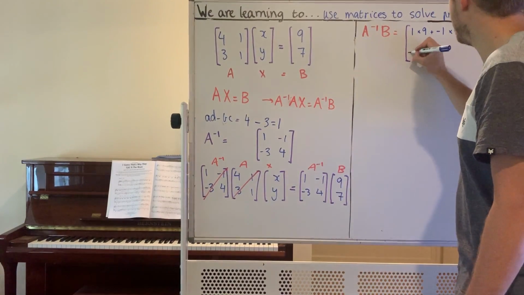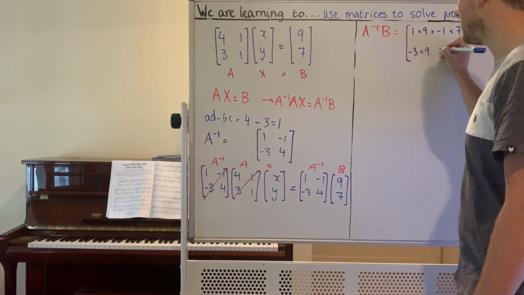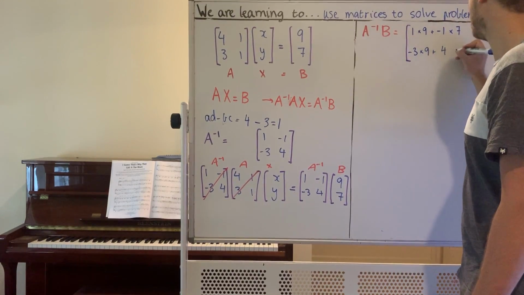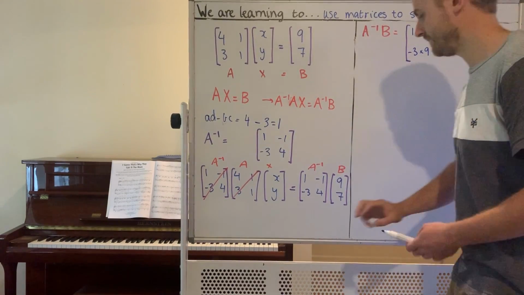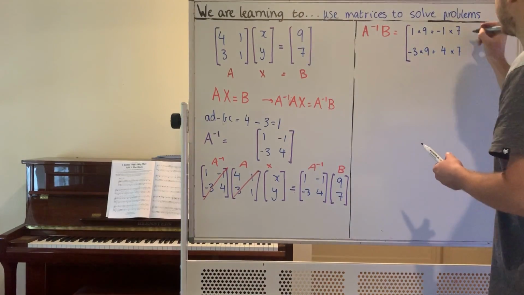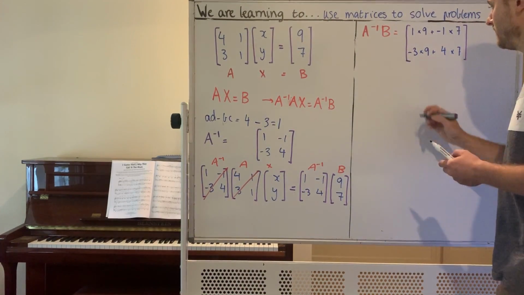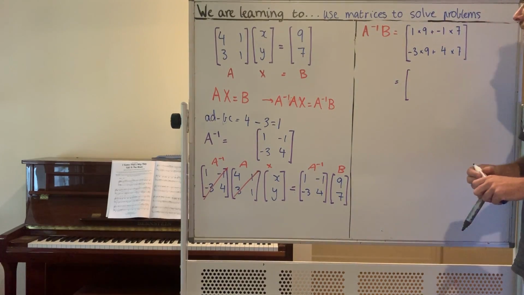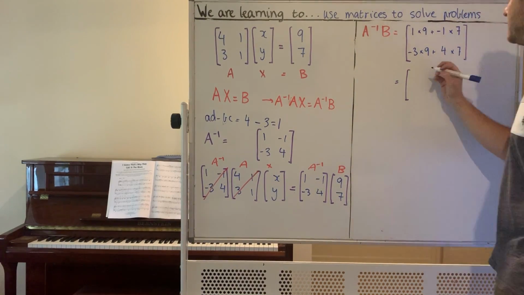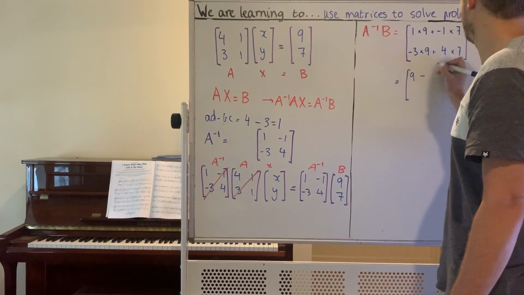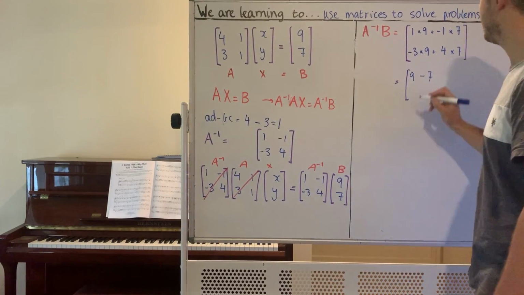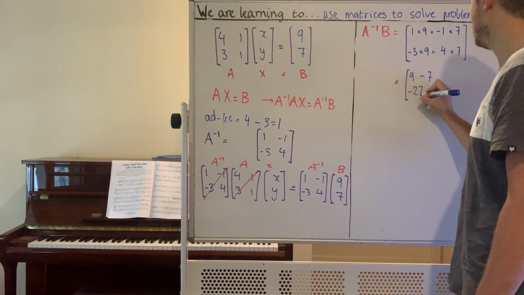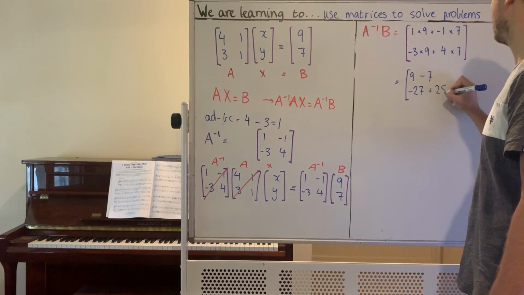Next row, -3 times 9 plus 4 times 7. Alright, 1 times 9 is 9, -1 times 7, -3 times 9, 4 times 7.